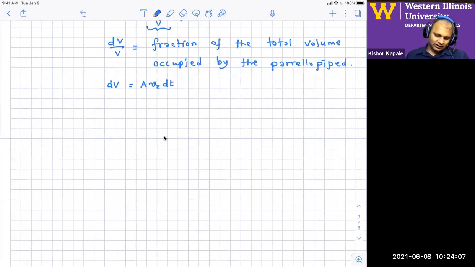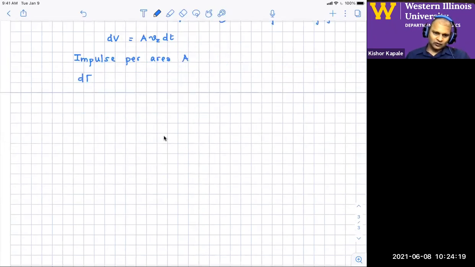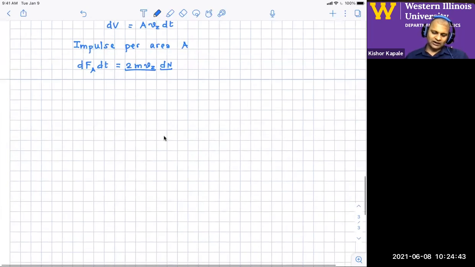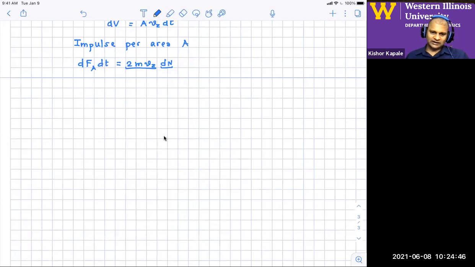So you can calculate the impulse per area A. It's going to be the total force dF applied within the time interval dt, which is the change in momentum 2mvz imparted to the wall times the number of particles. So you have n particles, each one giving the 2mvz impulse to the wall within the time interval dt. And so dF dt is how we are representing that. We are now in a position to write down everything here.